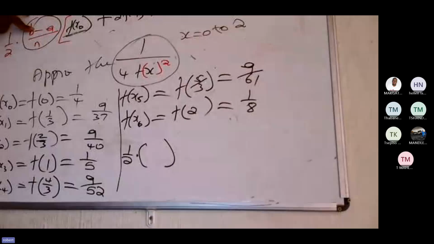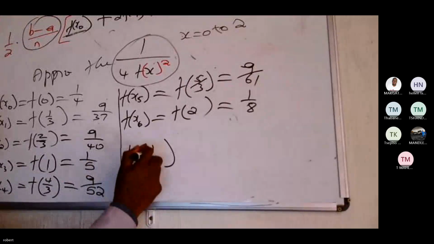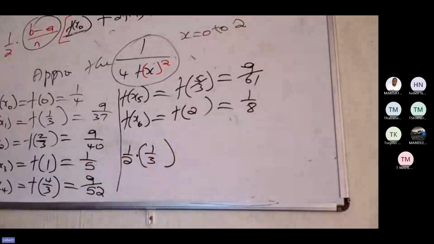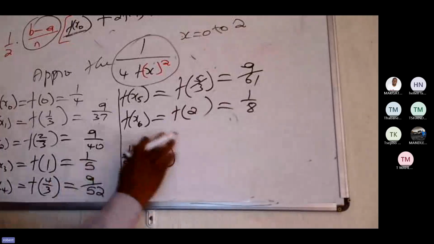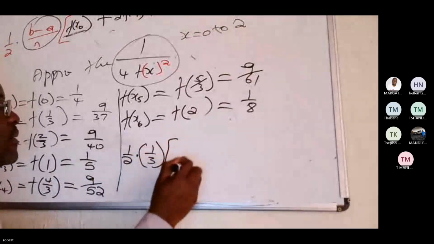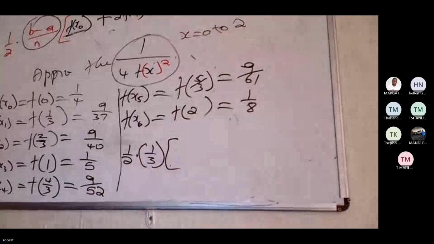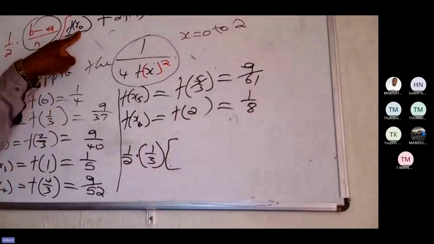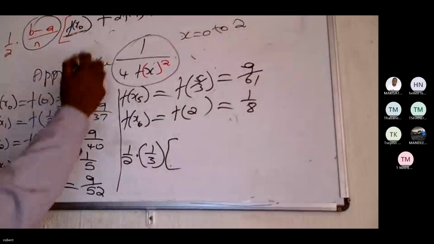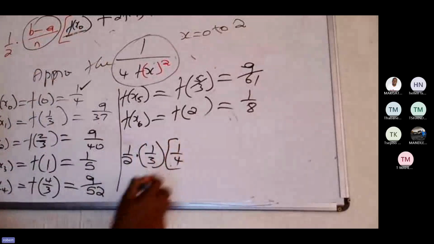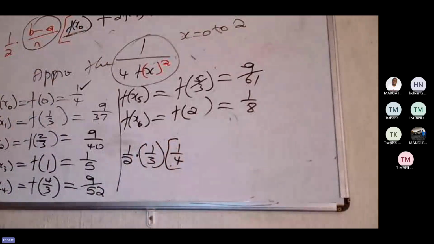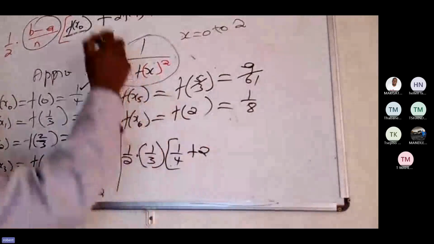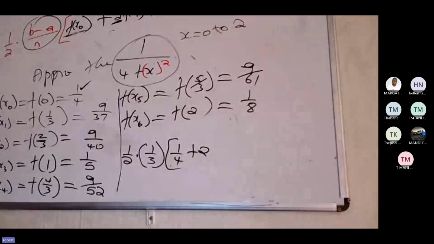It will be 2 minus 0 divided by 6. What is the answer? 1/3. In brackets, f of 0. What is f of 0? It's not 4, it's 1 over 4. Plus, don't forget the 2.